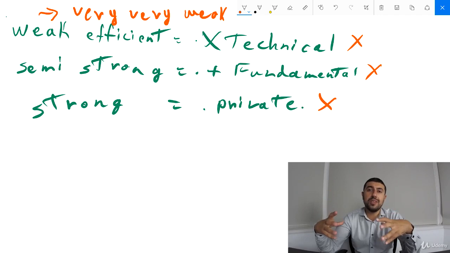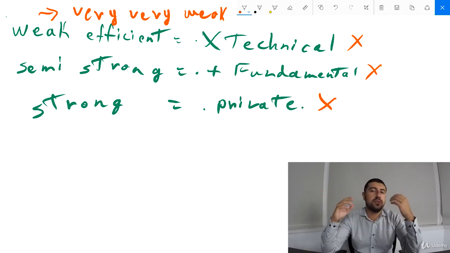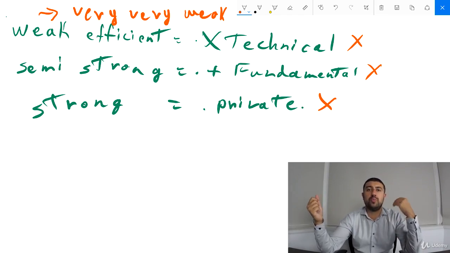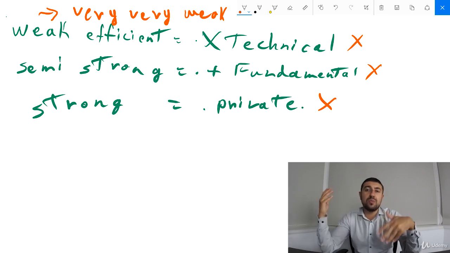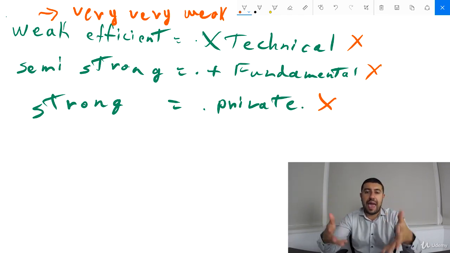Now, within the stock market, you have some companies who are extremely small, who trade 50,000 shares a day, not a lot. And do you think that these companies are actually efficient and they reflect all information? No, because all it takes is one big buyer or one big seller to buy or sell some, and the price might move in a certain direction just because of supply and demand, and not necessarily because of actual reasons.